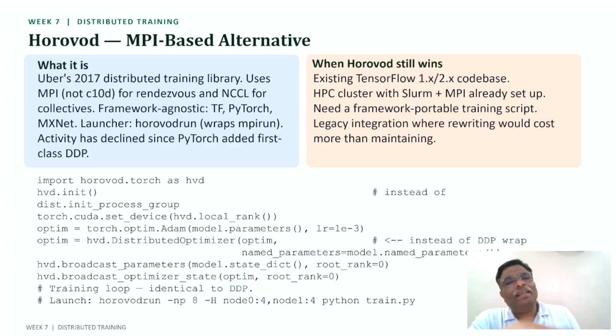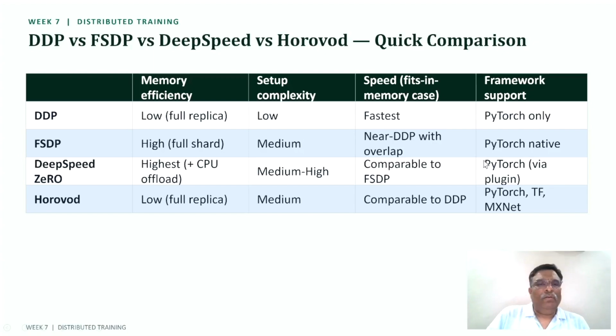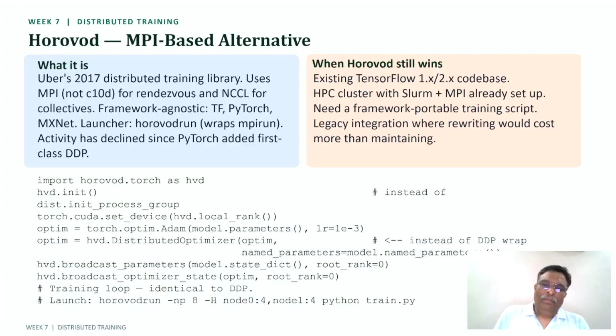The activity has declined since PyTorch added first-class DDP, so that is the reason why we are shifting to DDP in PyTorch. What Horovod does, DDP does very easily and simply, because PyTorch does a lot of things built in.